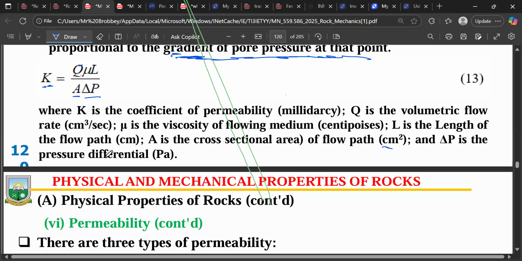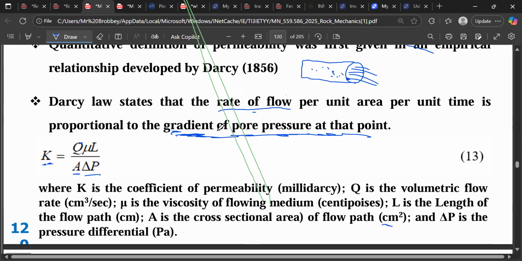It will not allow any fluid to go through. This formula applies when there's a flow from a higher head to a lower head. That is why Darcy says that it is proportional to the gradient.